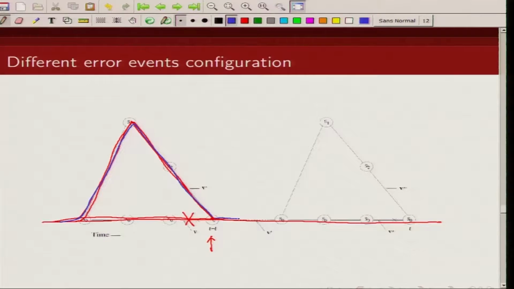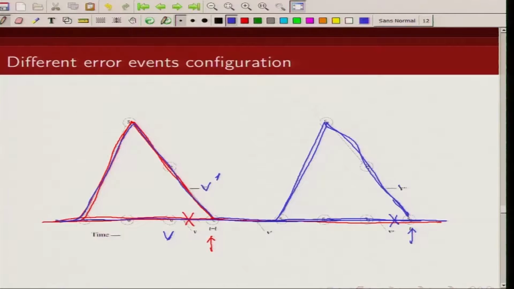Now, further up, when you came here, there was one path which was going like this, and when you came to this time instance t, then again the metric corresponding to this was worse than the metric value corresponding to this path. So, you decided to go for this particular code word. Just calling this all 0 state as code word v, this is code word v dash, and this is code word v double dash.